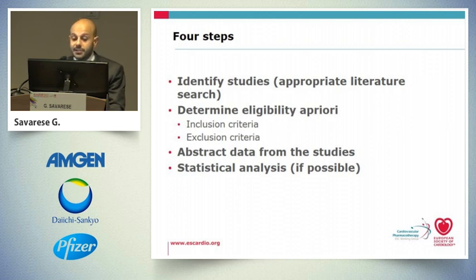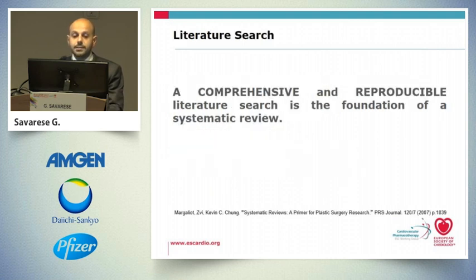Then it's necessary to determine the eligibility of a study to be included in the systematic review or in the meta-analysis. So a priori we should define the inclusion and the exclusion criteria, as in a randomized clinical trial or in an observational study. Then it's necessary to abstract data from the studies that we have selected for our systematic review or meta-analysis. And then, just if it's possible, we can perform statistical analysis.